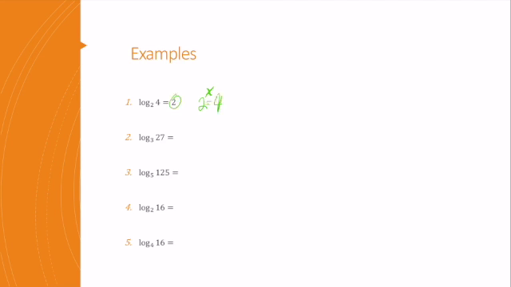Well, the answer is 2. Here I have, what power am I raising 3 to in order to get 27? The answer is 3, because 3 cubed is 27. Here, log base 5 of 125 is asking what power do I raise 5 to in order to get 125? That is also 3.